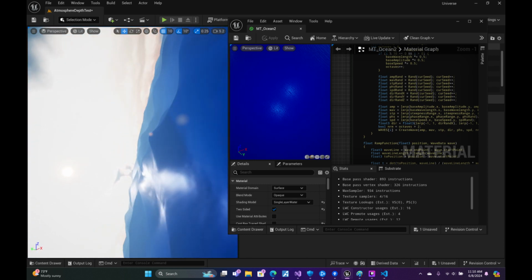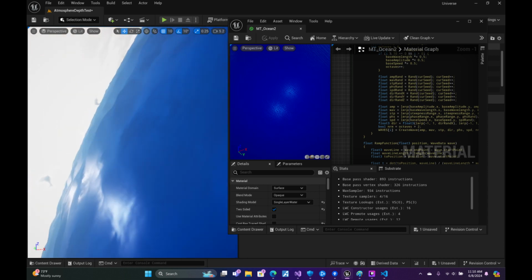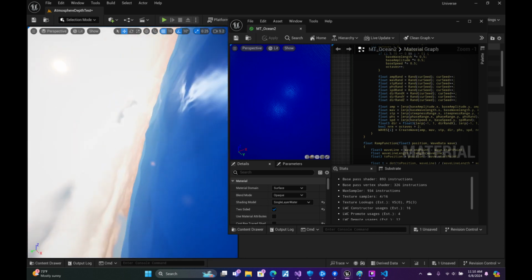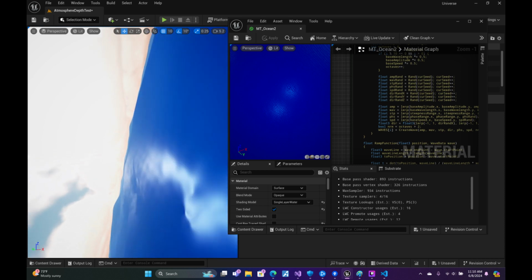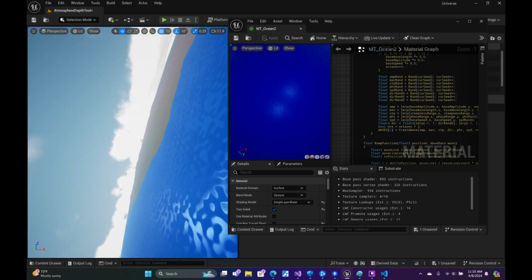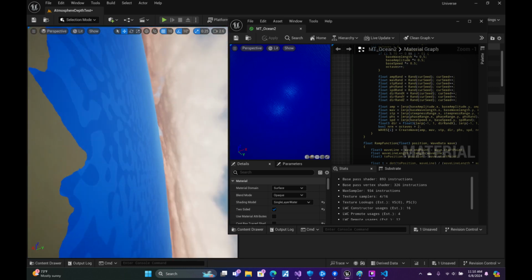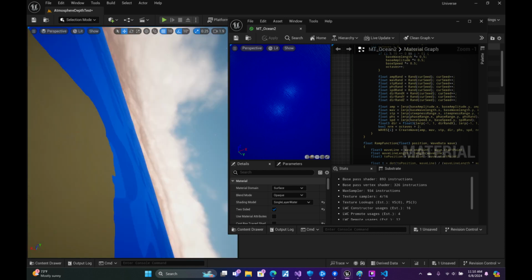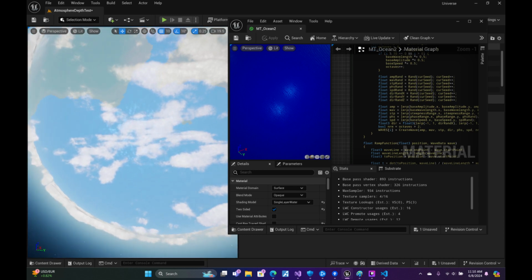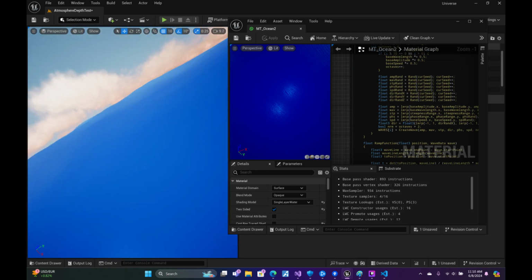It also probably makes it faster because we're not having to do as many calculations. And we're close, but we're still compositing them wrong somehow. I'll have to figure that out.